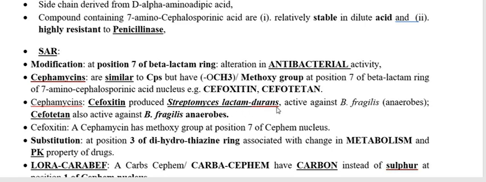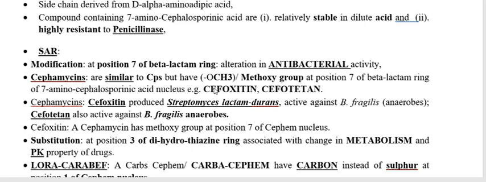Cefoxitin, a cefamycin, has been isolated from Streptomyces lactamdurans, an actinomycete, and it is called a cefamycin because it possesses the methoxy group at position 7 of the beta lactam ring of 7-amino cephalosporanic acid. B. fragilis is an anaerobe.